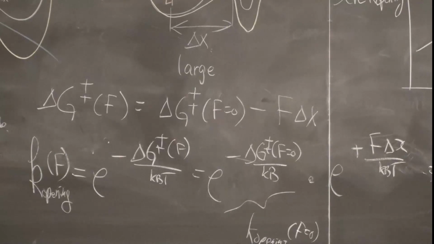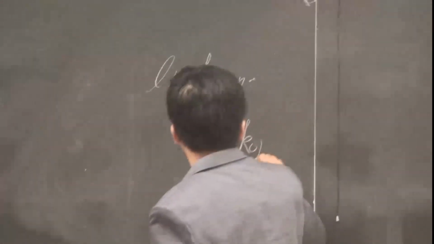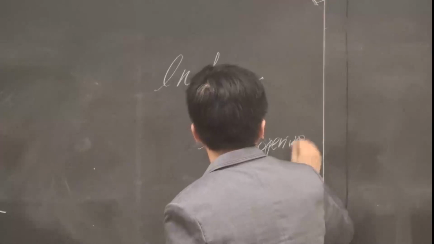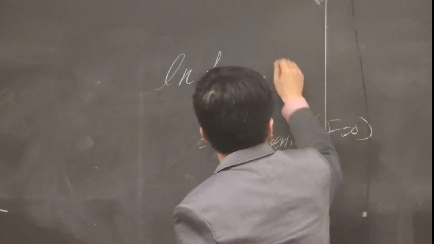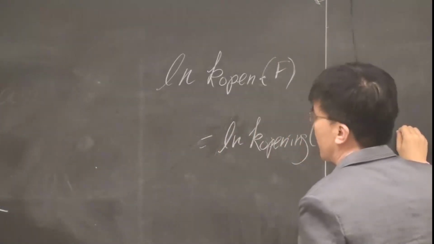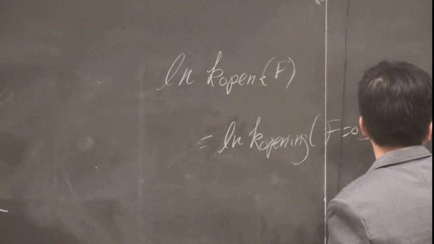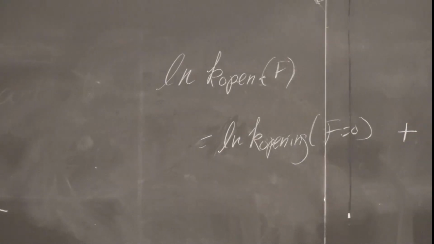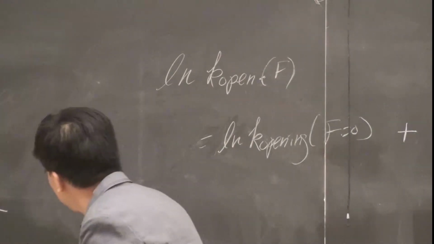That means I can write log of K opening as this. This is a reason why delta X. Sorry, I forgot delta X.